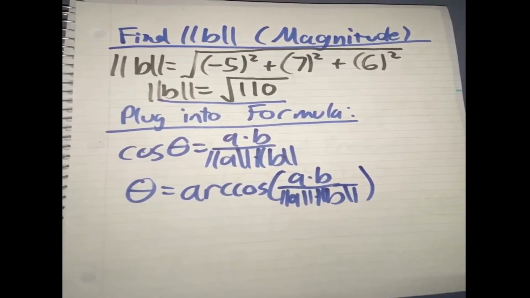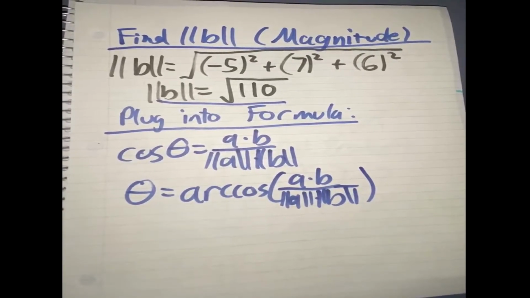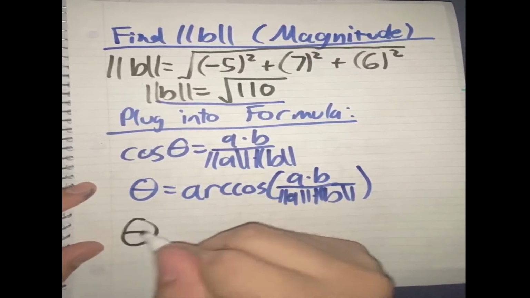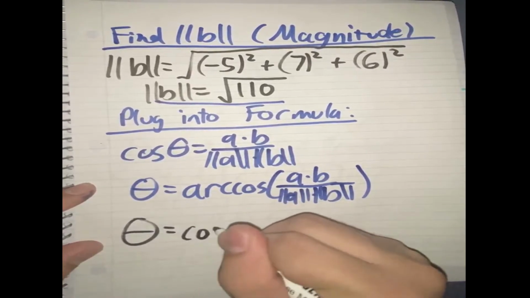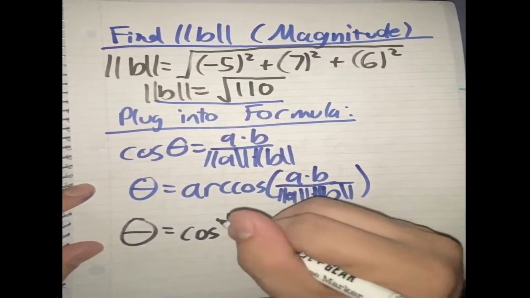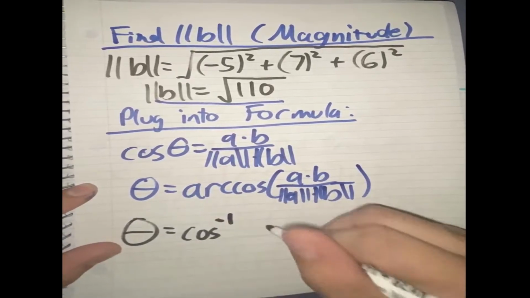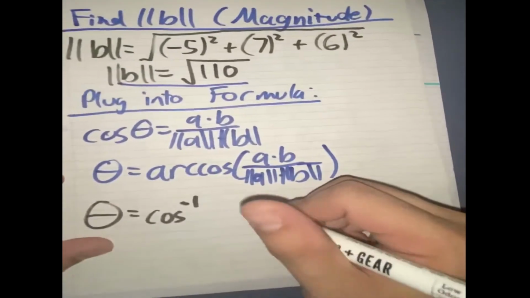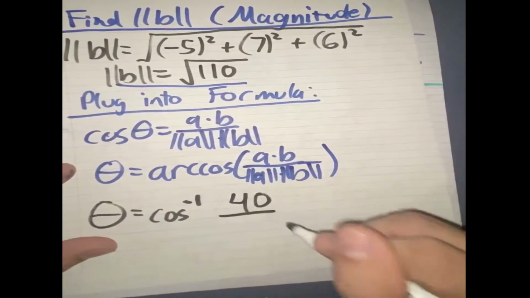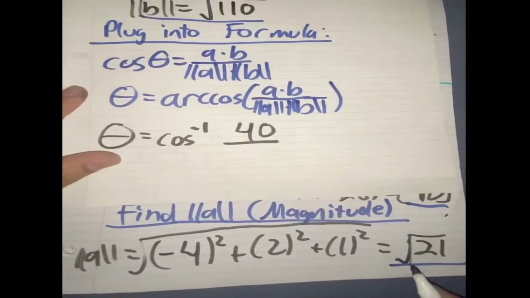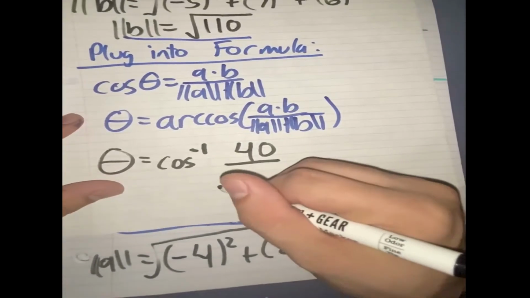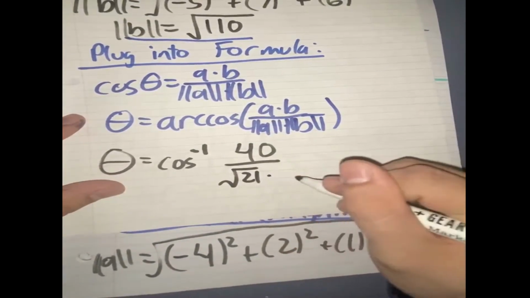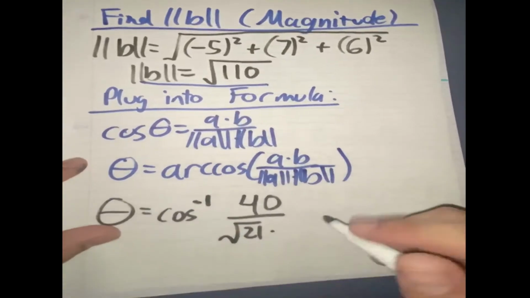So when we plug this in, we get theta is equal to inverse cosine. I changed notation, but it means the exact same thing. What was our dot product? Our dot product was 40, divided by magnitude A was √21, magnitude B was √110.